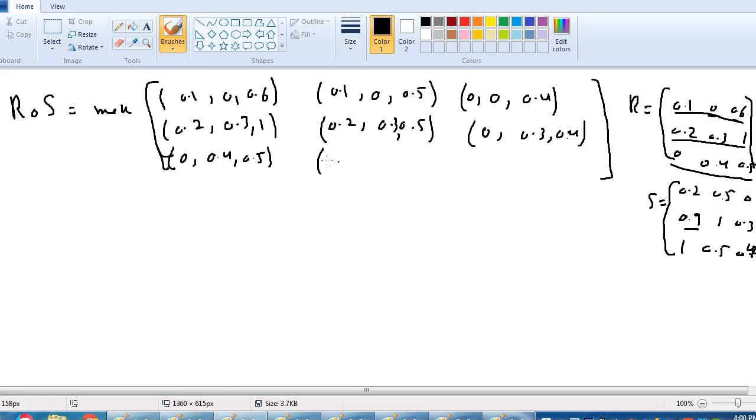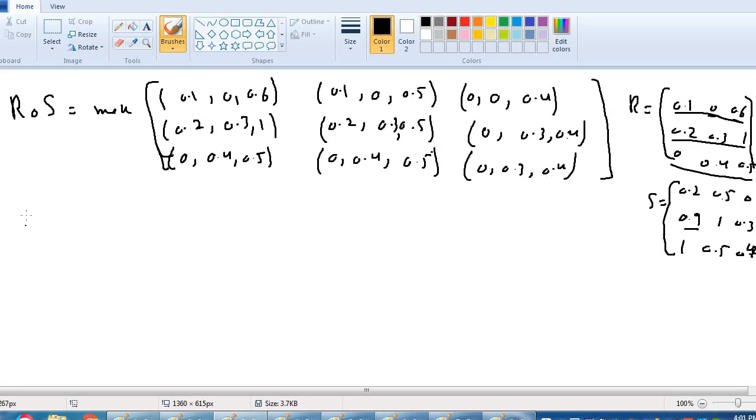So here we have 0 and 0.4, and the third one is 0.5, because both are 0.5. And then for the next, we have 0, 0.3 and 0.4 as the minimum values.